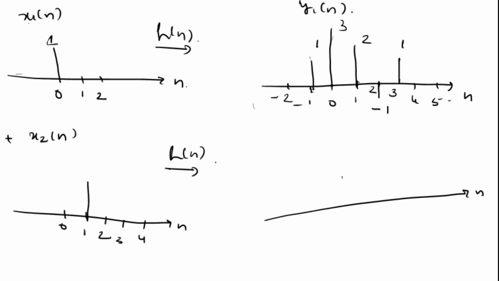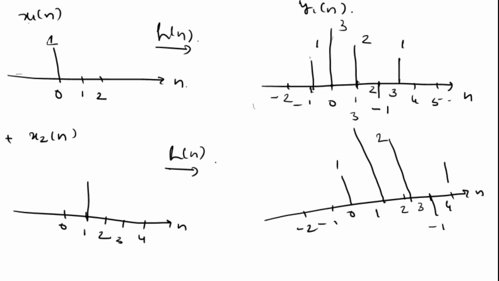Then at 0 we have 1, at 1 we have 3, at 2 we have 2, at 3 we have -1. At 4 we have +1. This is y2 of n.